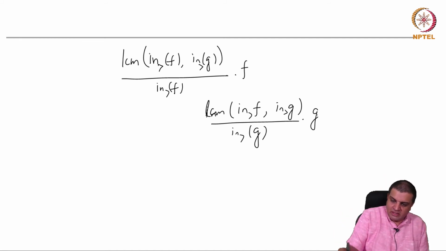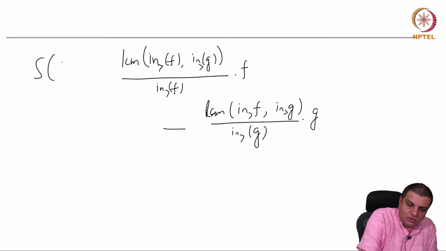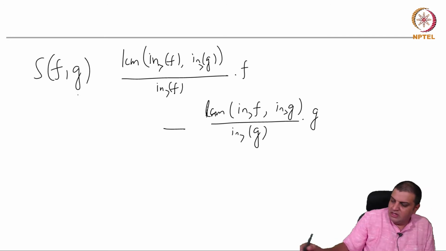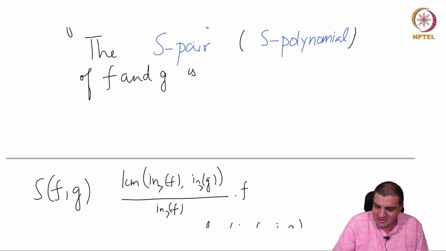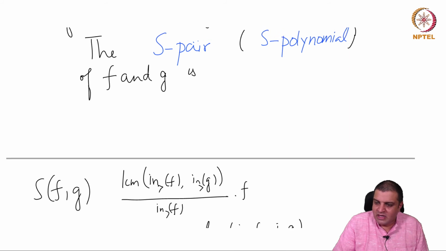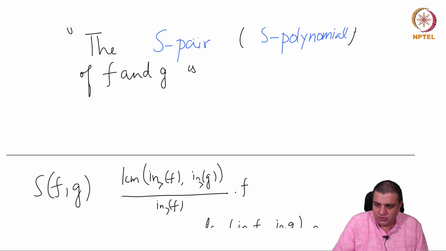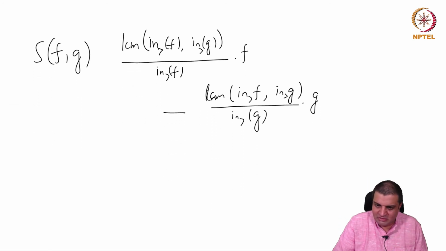So they both have the same leading term, and the difference is what is written S(f,g). Sometimes this is called the S pair, although it is not clear why it's called a pair. Many books, and Macaulay also, use S pair, and some books refer to it as S polynomial. So we'll use both interchangeably.